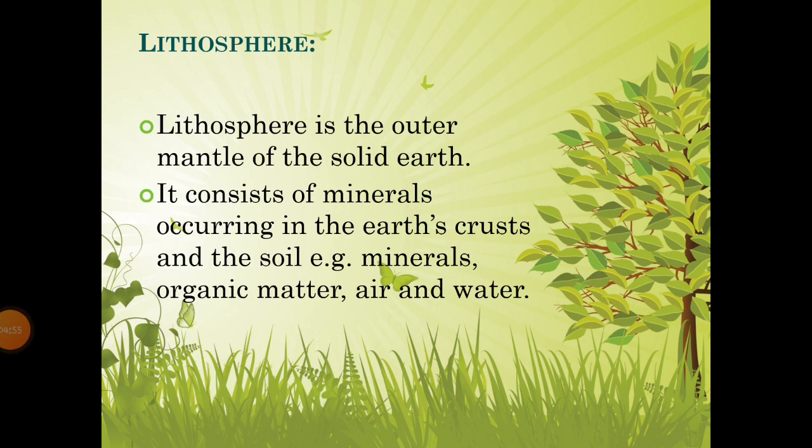Next sphere is lithosphere. Litho means land. Lithosphere is the outer mantle of the solid earth. It consists of minerals occurring in the earth's crust and the soil, for example, minerals, organic matter, air and water, which is used to live or to cultivate.